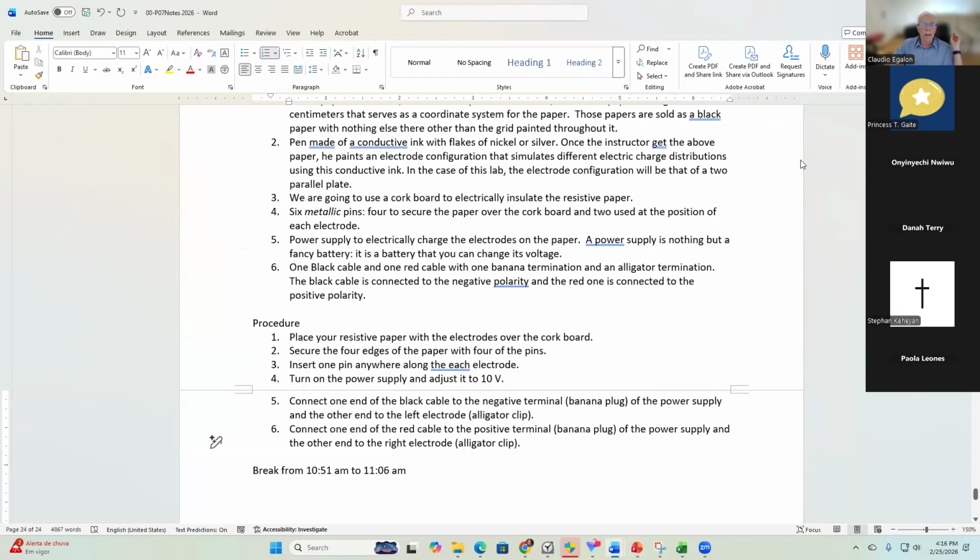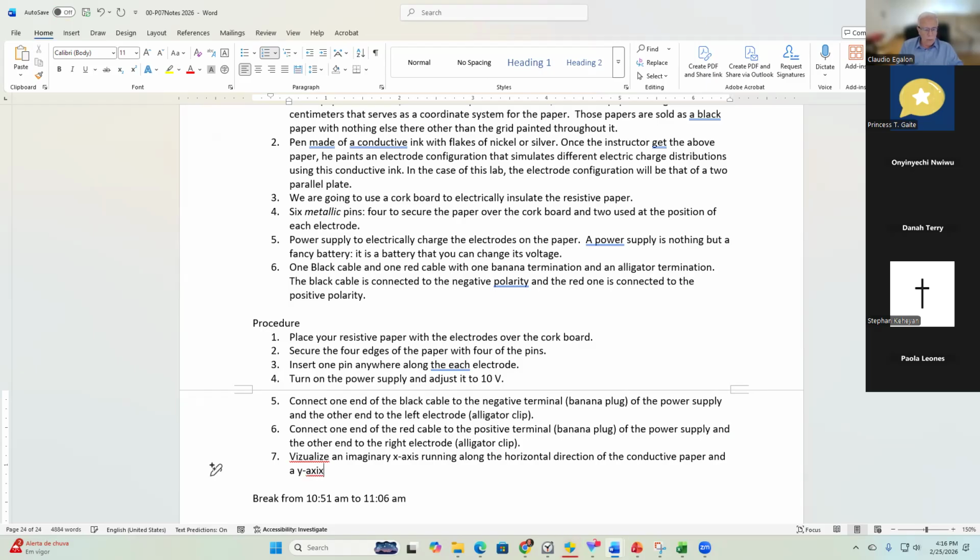As said, visualize an imaginary x-axis running along the horizontal direction of the conductive paper, and a y-axis running along the vertical direction, along the edge of the left electrode.